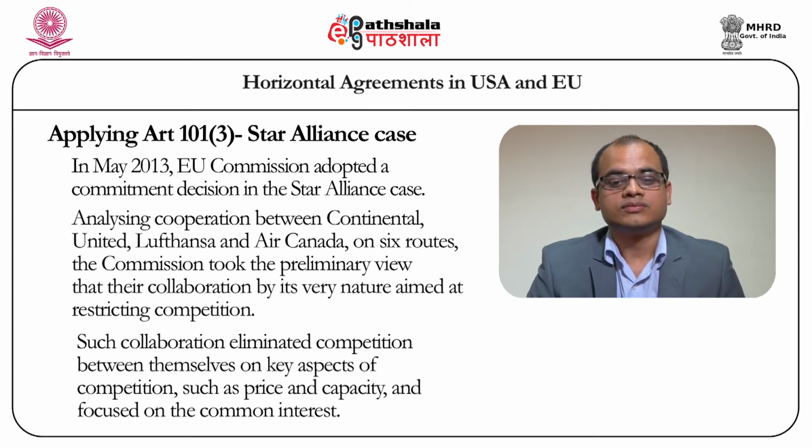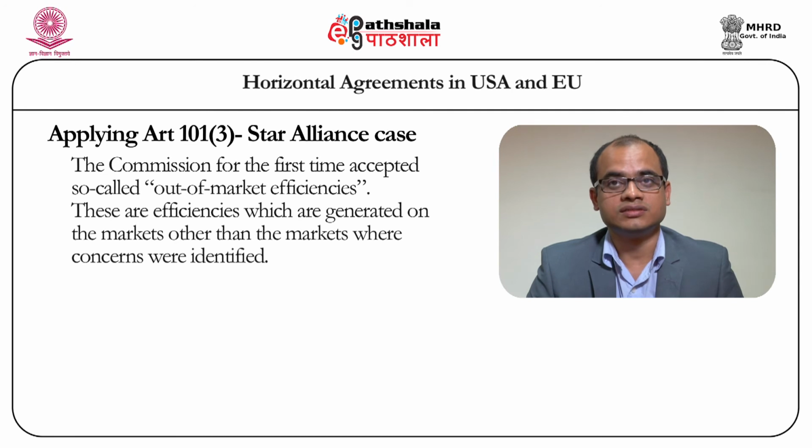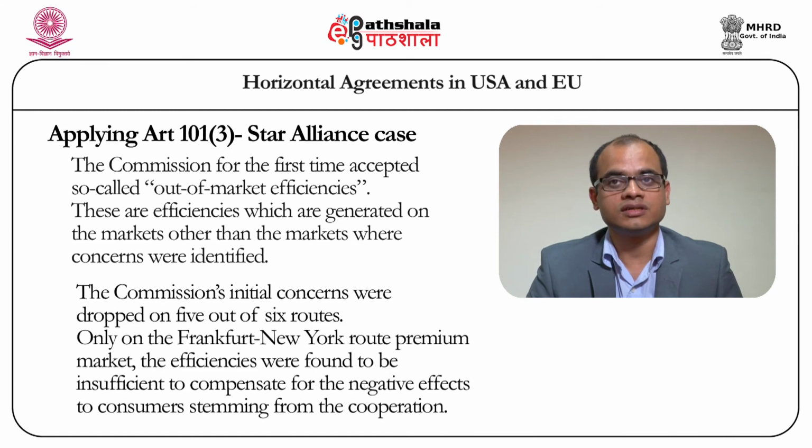after analyzing it through Article 101 Clause 3, the Commission accepted the efficiencies which were given by the parties, and out of 6 routes, in 5 routes the Commission said that these agreements improved efficiency and wouldn't restrict but would promote competition.